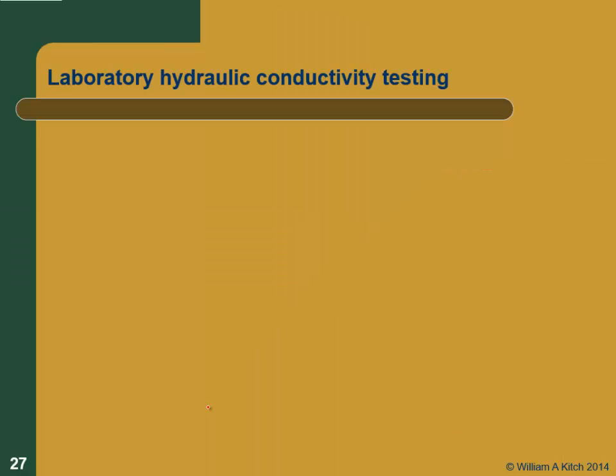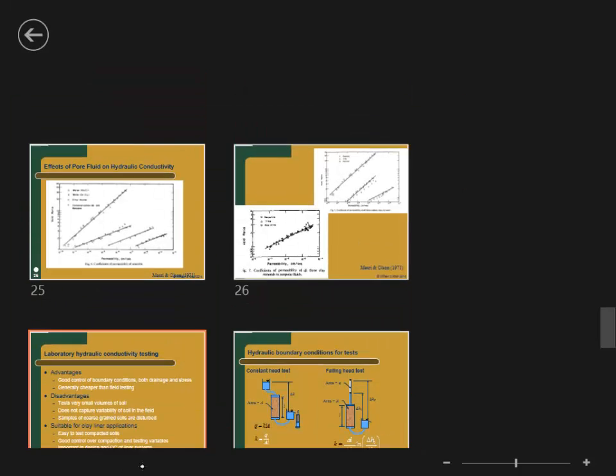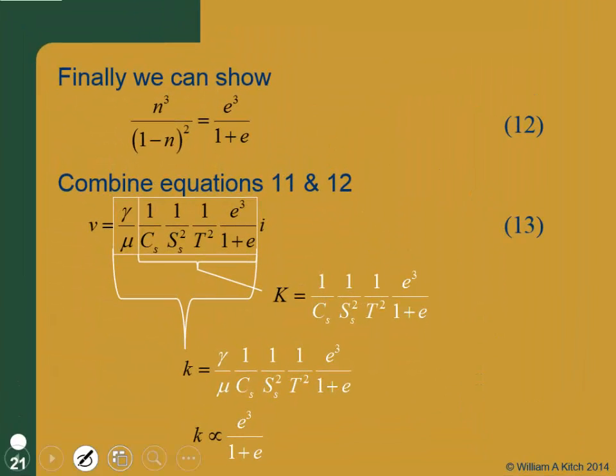So, let's do a quick summary. This equation for hydraulic conductivity, we can use to estimate the hydraulic conductivity of coarse-grained soils. And I've assigned the paper "Goodbye Hazen, Hello Kozeny-Carman" to you.